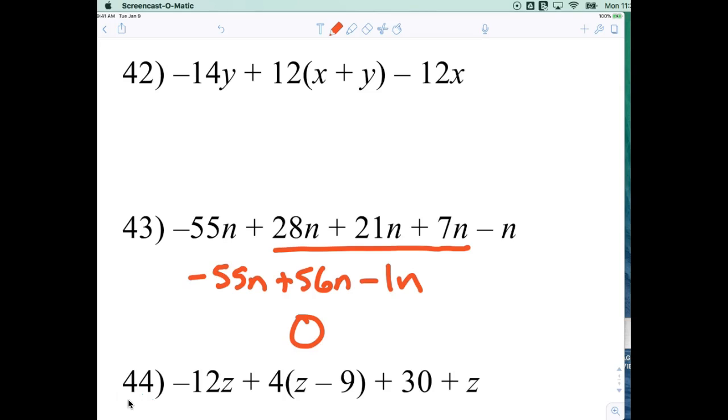All right, sorry, here we go. Now, distributing the 12: negative 14y plus 12x plus 12y minus 12x. What's nice about the positive 12x and the negative 12x? They cancel out. So now all you have to do is tell me what's negative 14y plus 12y. Negative 2y.